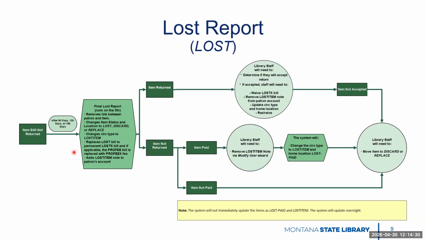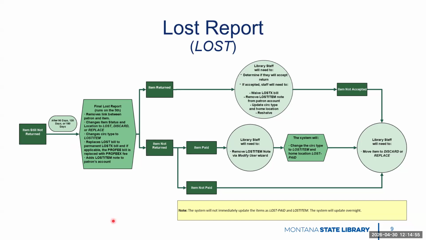Just another note here, the lost item circulation type prevents future checkouts. So if it accidentally gets returned, or it misscans, or it's sitting on the shelf and a patron comes to try and check it out, it's not going to let you check it out to that new patron until you go in and edit the item record.